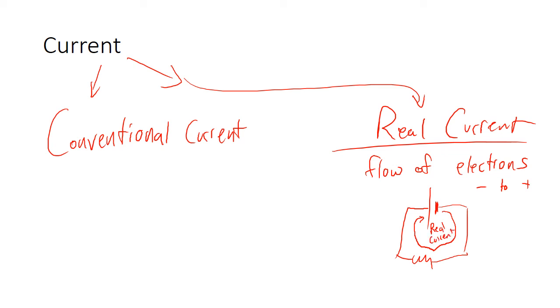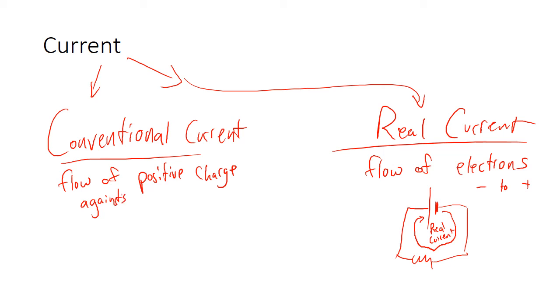Now, the conventional current is the flow of positive charge. Alright, since it's the flow of positive charge, this is against electrons. Because remember, electrons are negative charge.